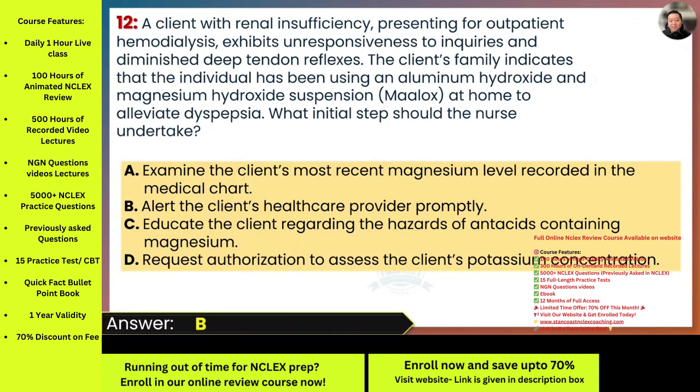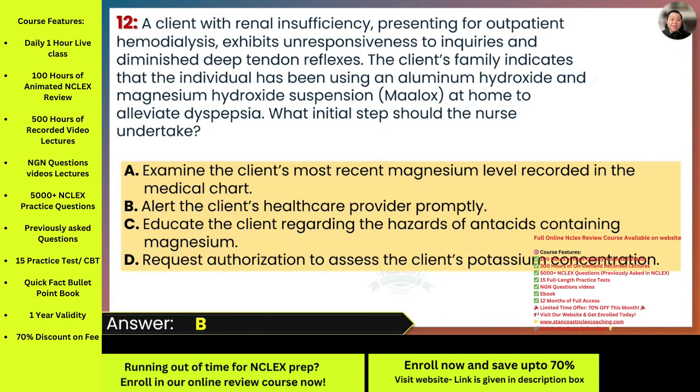Why is that? It's because the client here is already showing signs of hypermagnesemia. The client is already unresponsive. It's already affecting their neural function. There's also diminished deep tendon reflexes. This is magnesium toxicity. And since the client here has kidney insufficiency, the body is not able to excrete the magnesium.